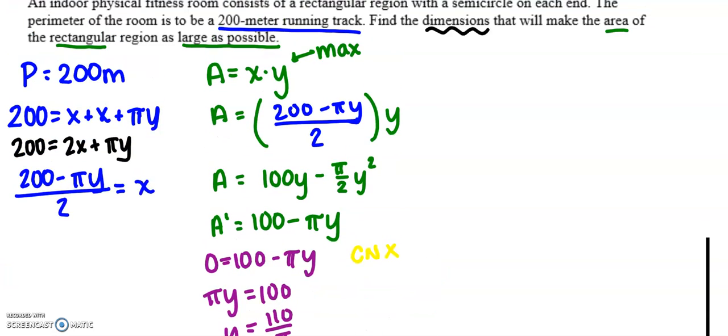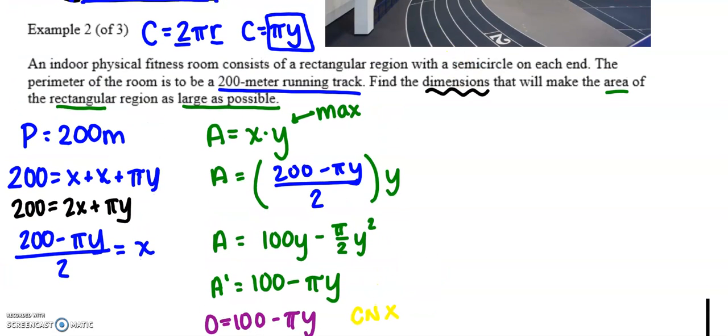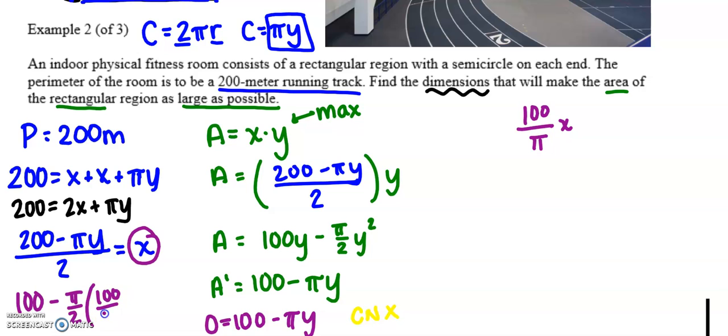The question, though, asked for find the dimensions. So I know one of my dimensions will be 100 over pi, but I need to figure out 100 over pi times what? Well, to find my x value, I use that helper equation. So I have 100 minus pi over 2 times 100 over pi, because I'm subbing in for my y.